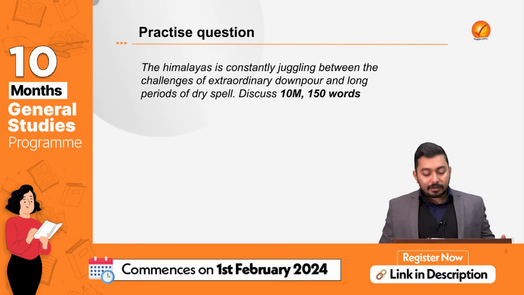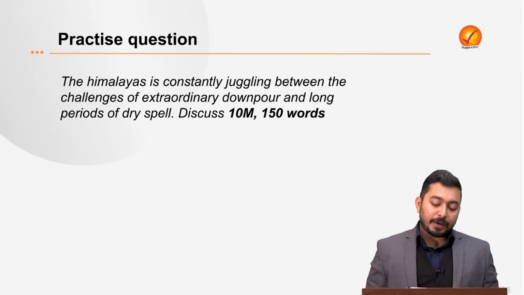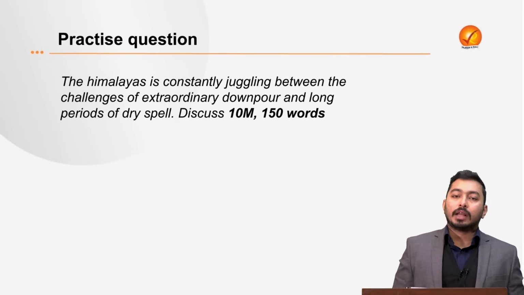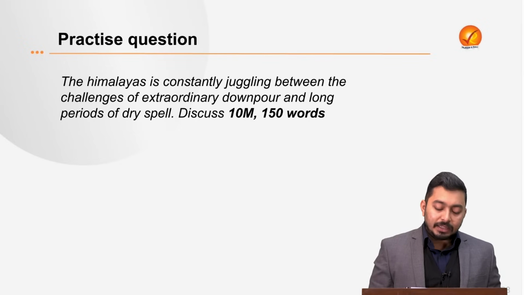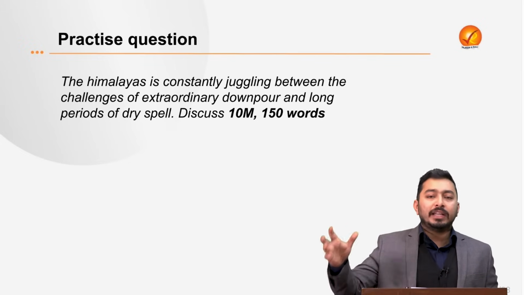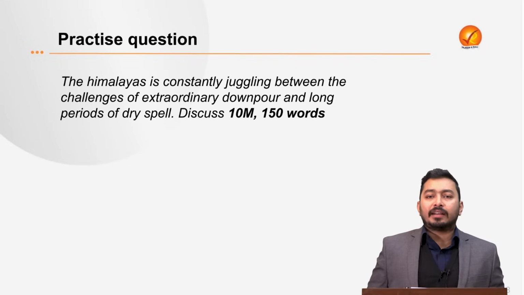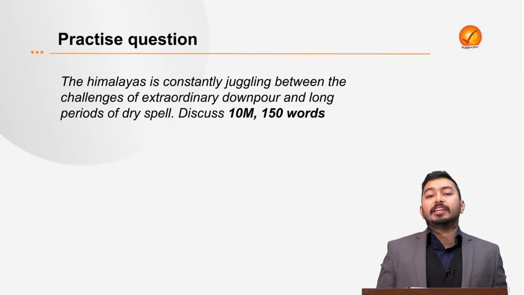Now, one thing that you can write about, and this you should write because I am expecting a similar kind of question in the near time, is that the Himalayas is constantly juggling between the challenges of an extraordinary downpour. Extraordinary downpour we saw in the early part of 2023. We saw a lot of incessant rainfall in the Himalayan region, and then long periods of dry spell.